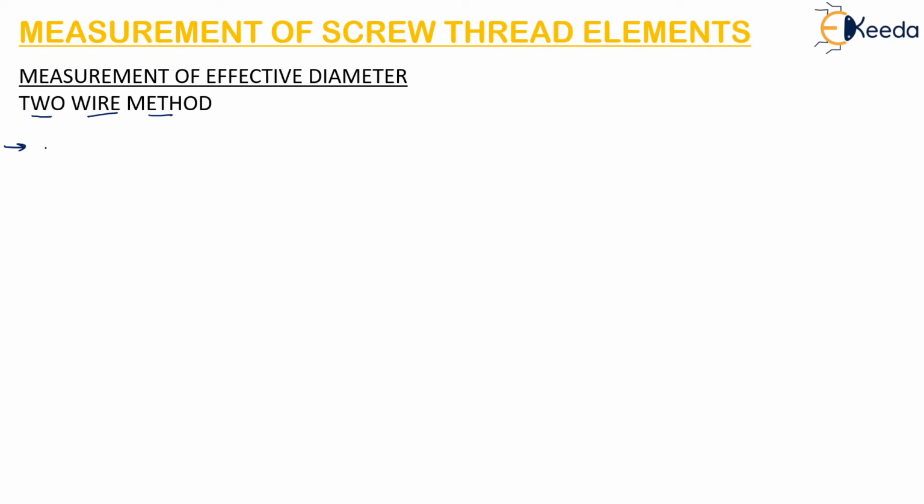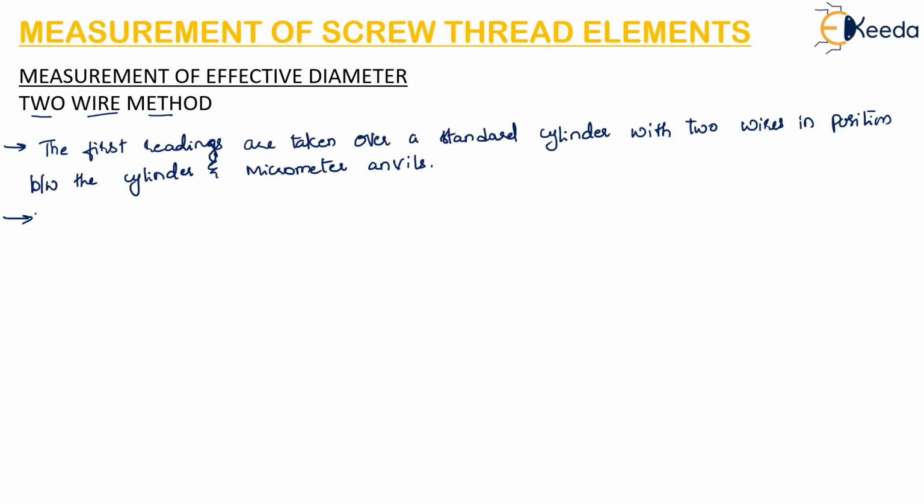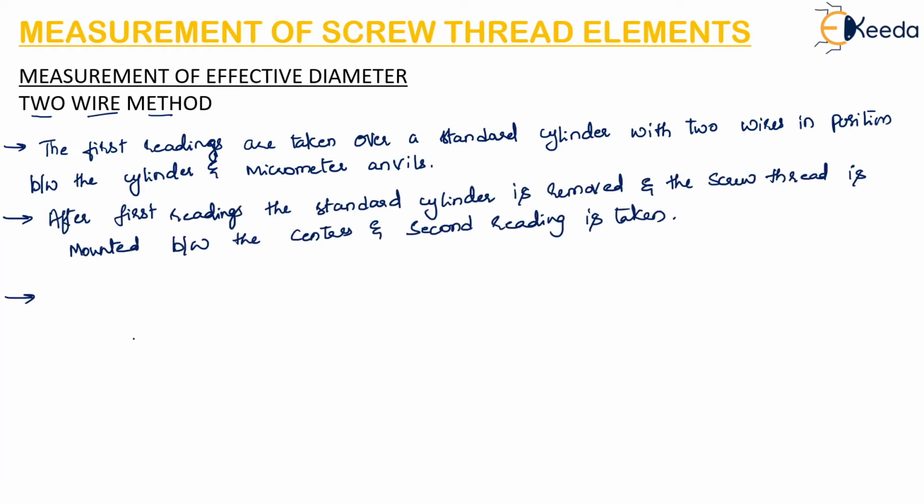First readings are taken with the standard cylinder. After the first readings are taken, the cylinder is removed and the screw thread is mounted between the centers, and the second readings are taken. From these two readings, the diameter T, that is, under the wires, is obtained as follows.